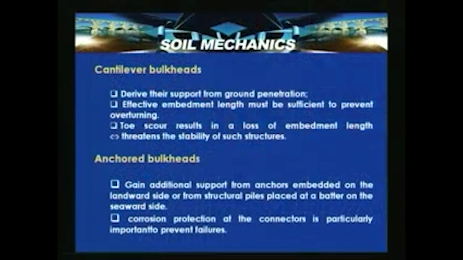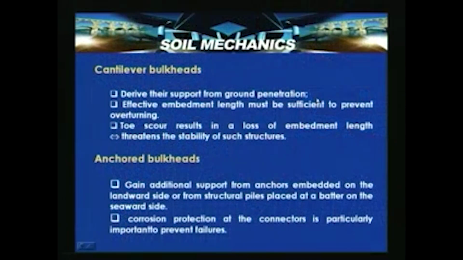So in this slide we introduced two types of flexible retaining structures: cantilever sheet pile walls and anchored sheet pile walls. Let us look into some features of cantilever bulkheads and anchored bulkheads. Cantilever bulkheads, as we discussed, derive their support from ground penetration, that is, the embedded depth. The effective embedment length must be sufficient to prevent overturning.